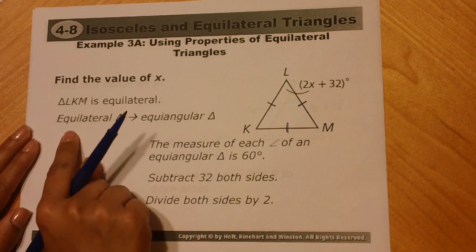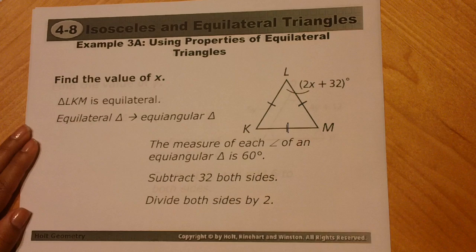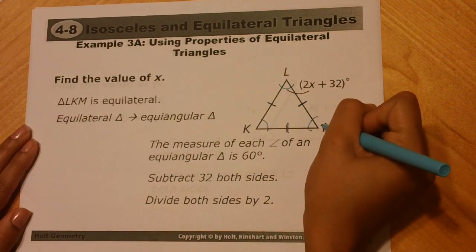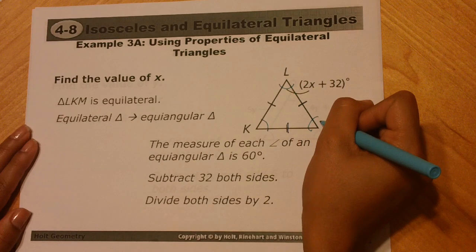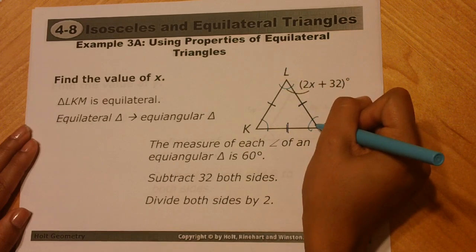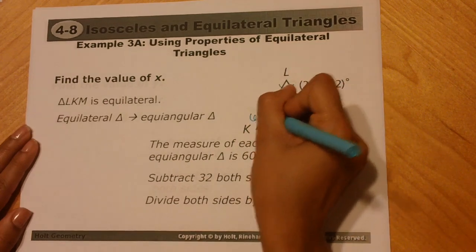If I have an equilateral triangle, then I can conclude that all three angles are going to be the same. If I sum up the angles in the triangle, it's going to be 180 degrees. And that means each one of these angles is 60 degrees.